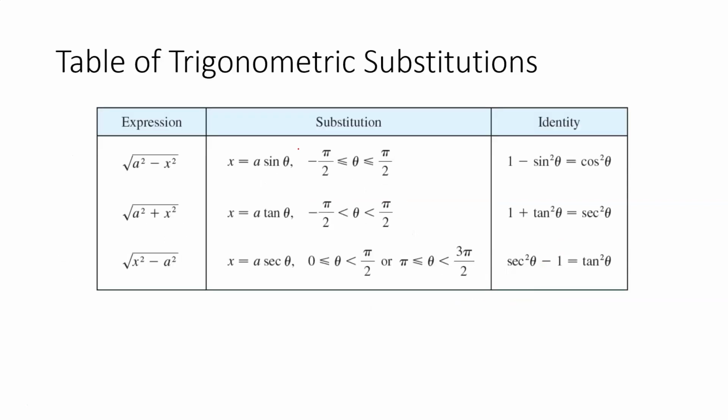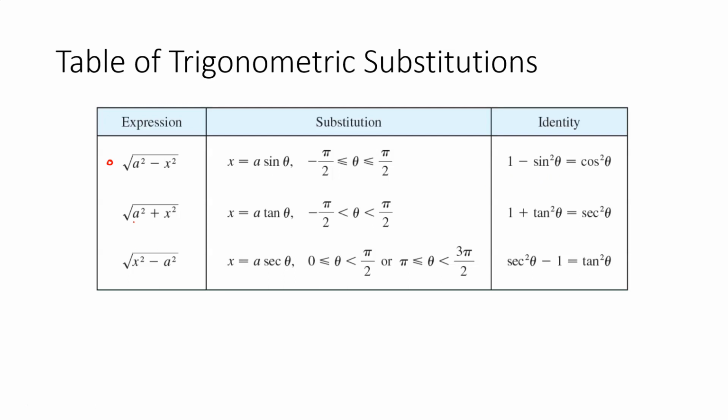And in general here, we'll look at three different types of trig substitutions. One involves integrals that contain the square root of a squared minus x squared. So you've got a constant minus x squared. Those will be the ones that involve sine, and the reason we use sine is because then we can use the trig identity 1 minus sine squared.